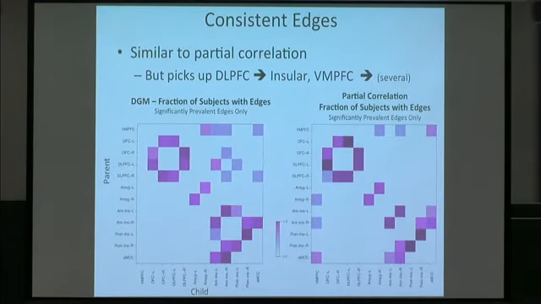So if we first look at just partial correlation. Here is partial correlation. What I'm doing here is a funny thing. I have to fit this model to each subject individually, and I'm just looking at how common our edges are across subjects, and which ones occur significantly.